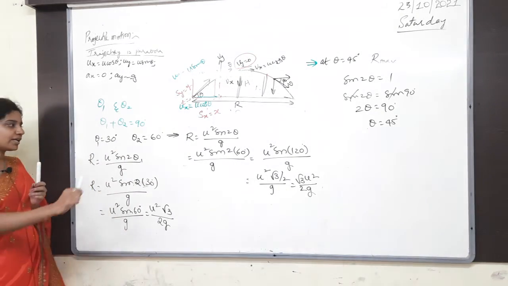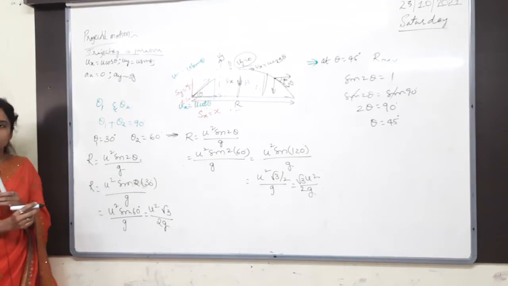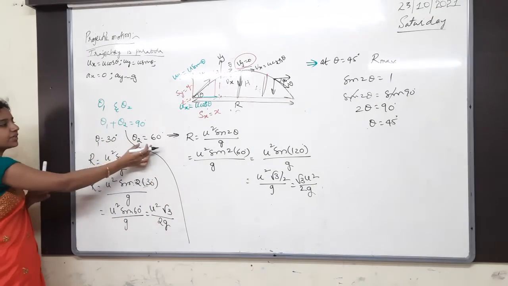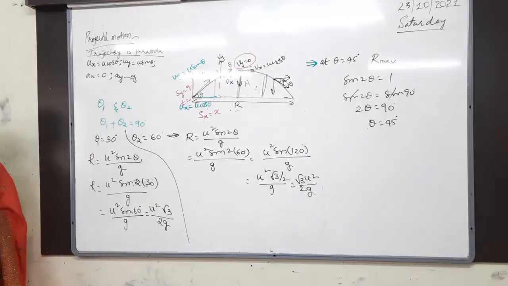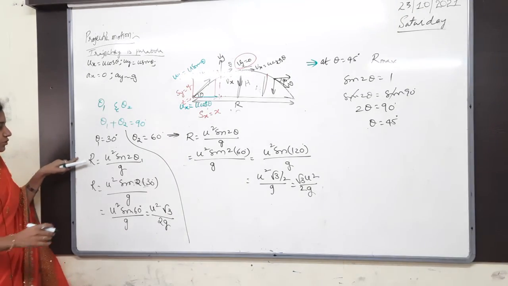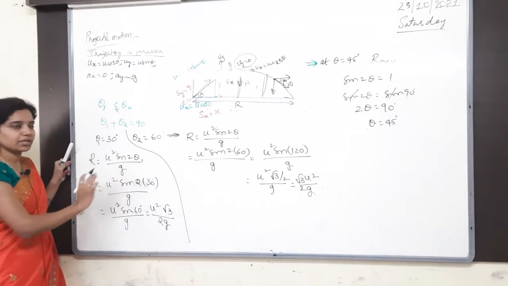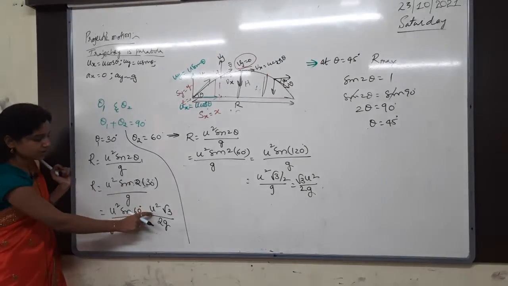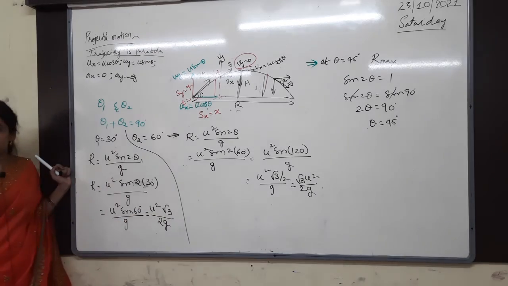For complementary angles, the sum of the angles should be 90. So for theta 1 I have taken 30, for theta 2 I have taken 60. We will check whether the ranges are equal or not. R is equal to U square sin 2 theta 1 by G. Theta 1 is 30 degrees. Substituting that, we get root 3 U square by 2G.